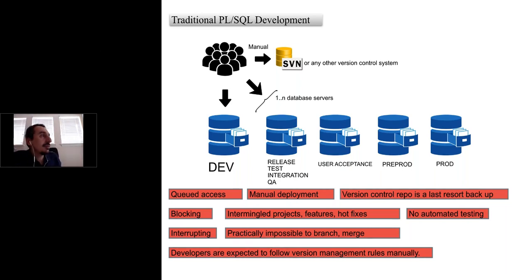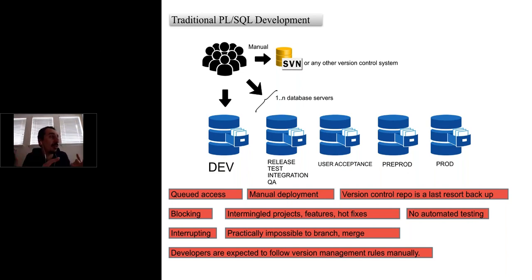But the problem is there is always a backdoor. You can always use some other tool and do a backdoor, and hardly anyone relies on the version control system to move code between these databases. Am I getting close to the situation where most people are?